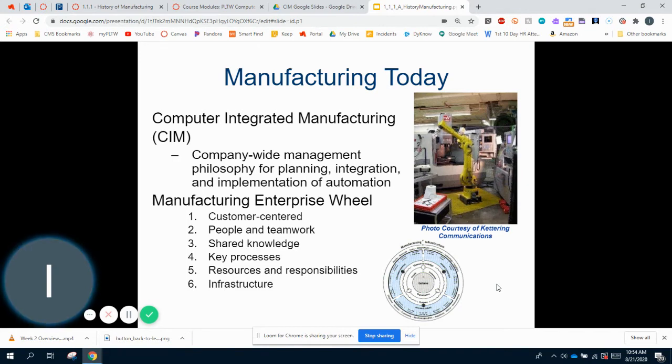Your next focus should be on the key processes to create your product: the process itself, manufacturing components, and the support for your customers. After that, the resources and responsibilities of the corporation. And then finally, the infrastructure of the company itself, whether that be brick and mortar, whether that be the machines that you're working with in the process.